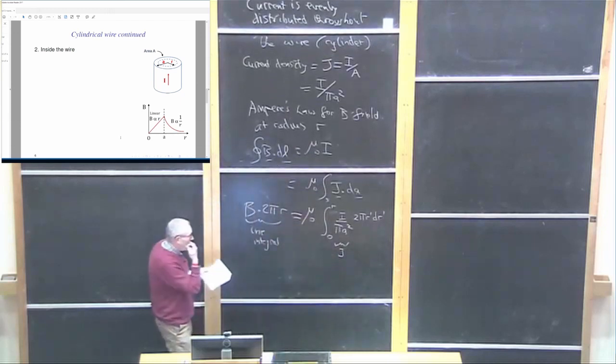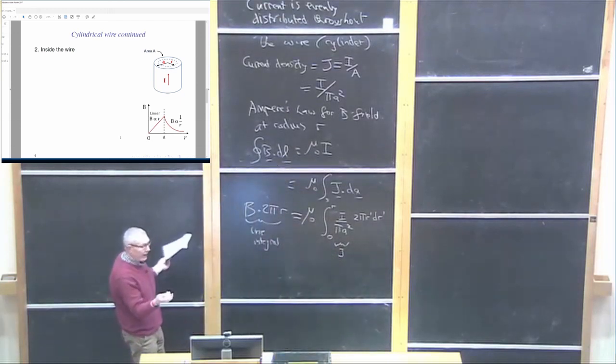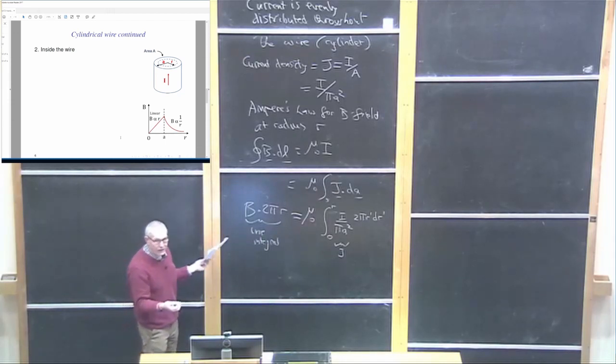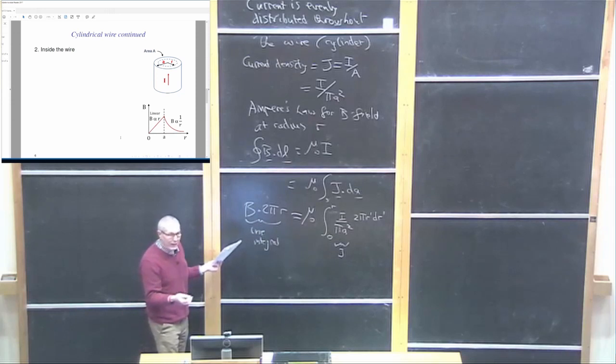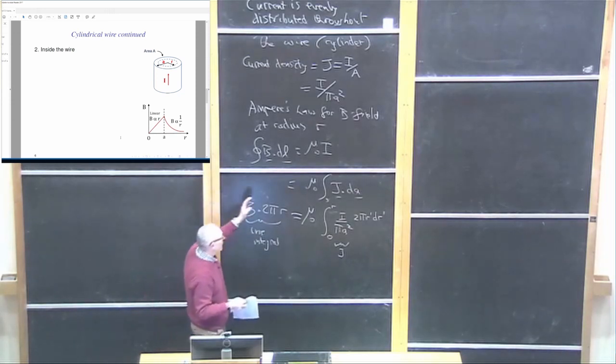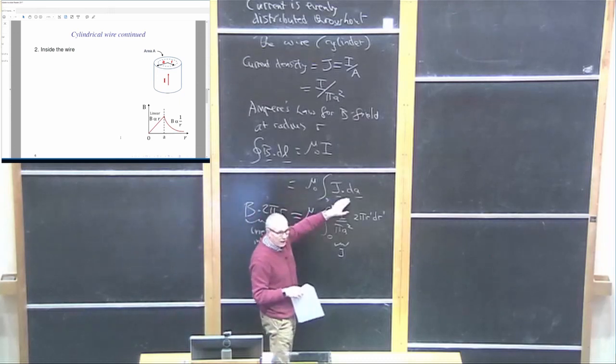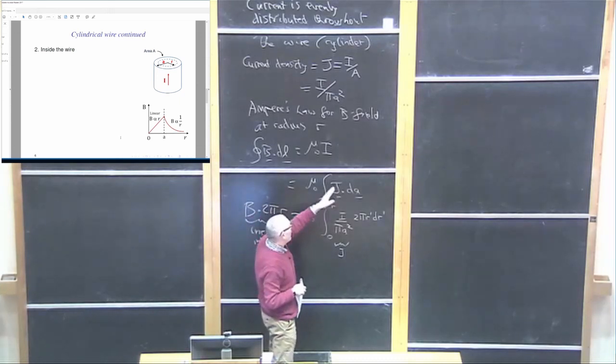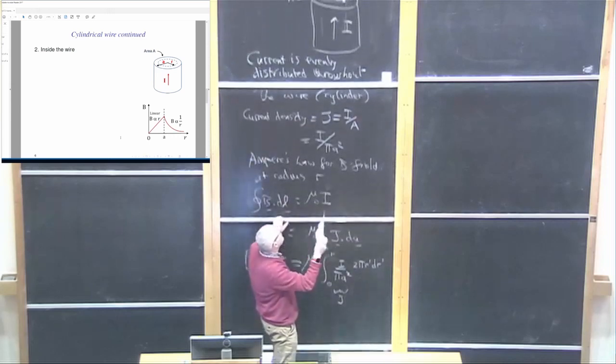Now, all I'm doing here is integrating up to get the area of a circle, actually. I think it probably would have been obvious if I'd just written J dot dA over this surface here.